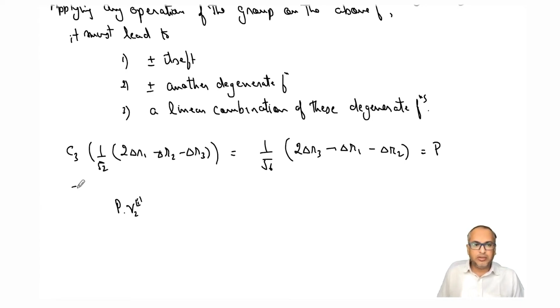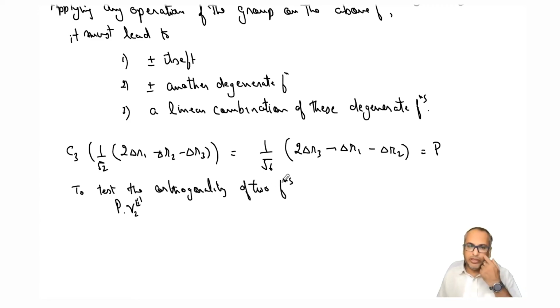To test the orthogonality of two functions, we multiply the coefficients of the different basis vectors: delta R1 coefficient with delta R1 coefficient, delta R2 with delta R2, delta R3 with delta R3, and then sum over all and see if we get 0 or not.